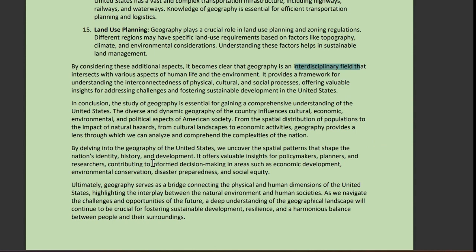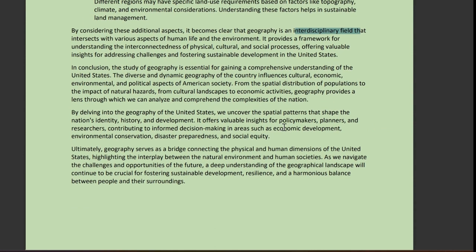By delving into the geography of the United States, we uncover the spatial patterns that shape the nation's identity, history, and development.